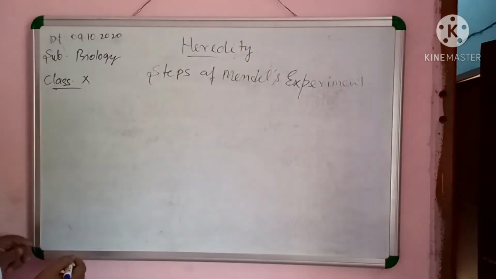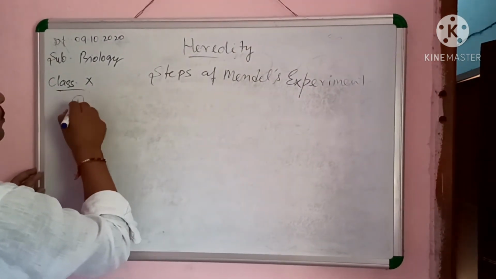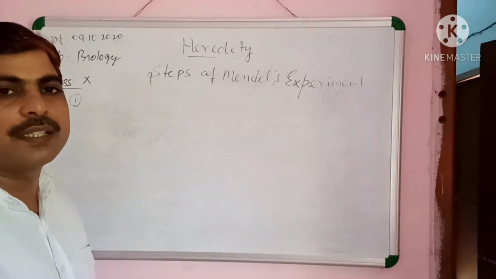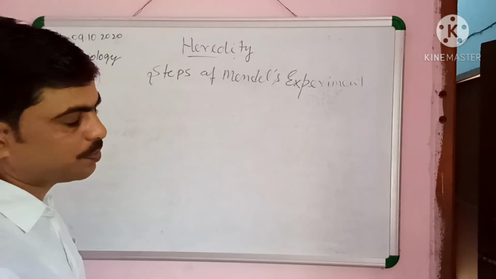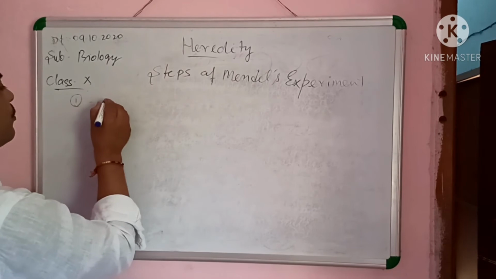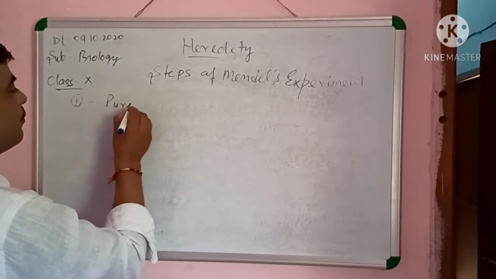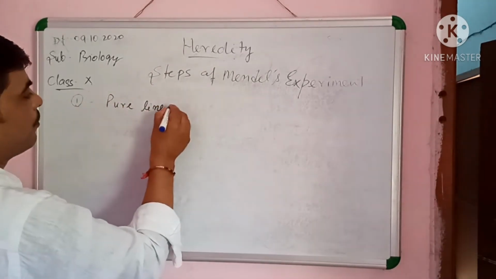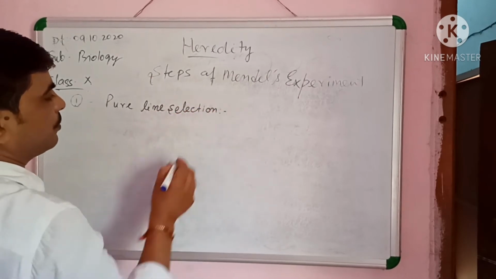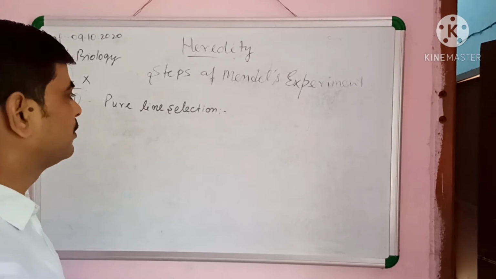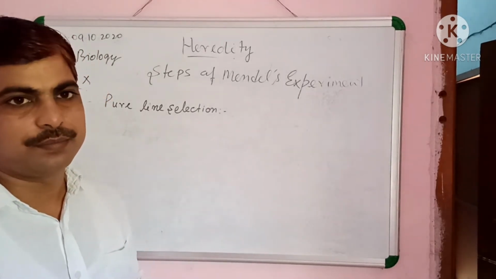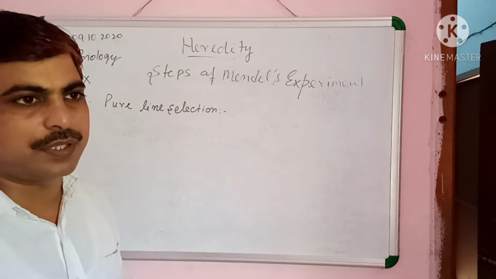As you know, an experiment has many steps. So Mendel's experiment also has some steps, like pure line selection. Pure line selection is the first step, the selection of pure line pea plants.